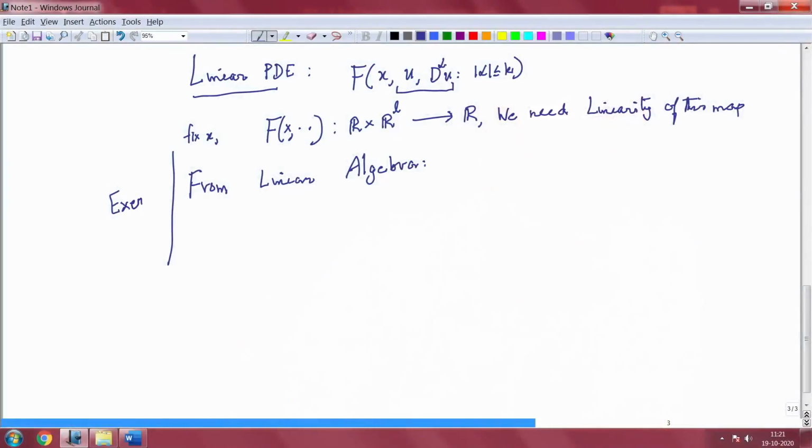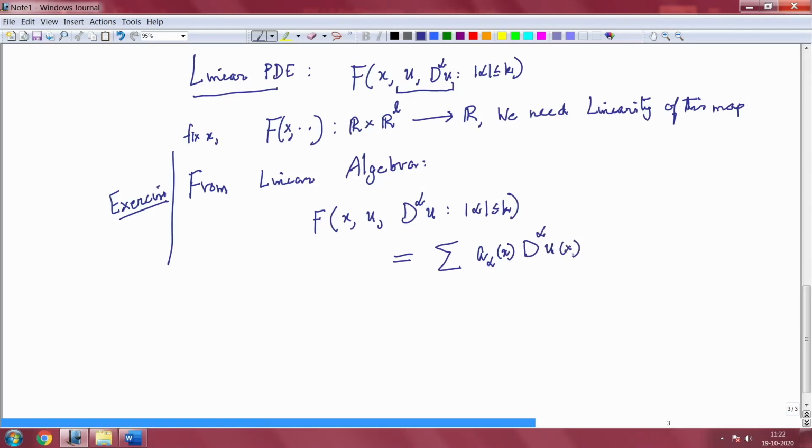This exactly tells you that you can write f of x, u, d power alpha of u as the sum of a alpha of x times d power alpha of u, with mod alpha less than or equal to k.